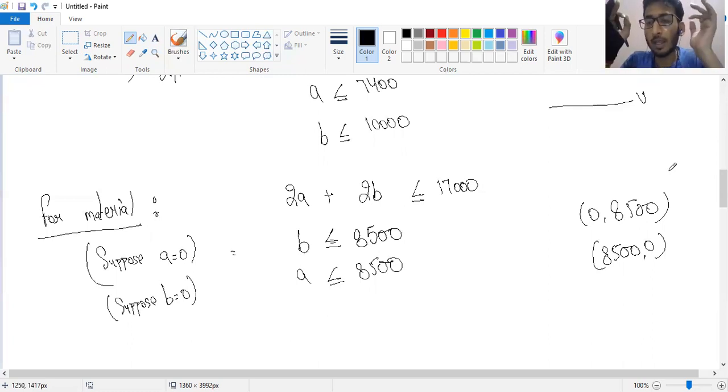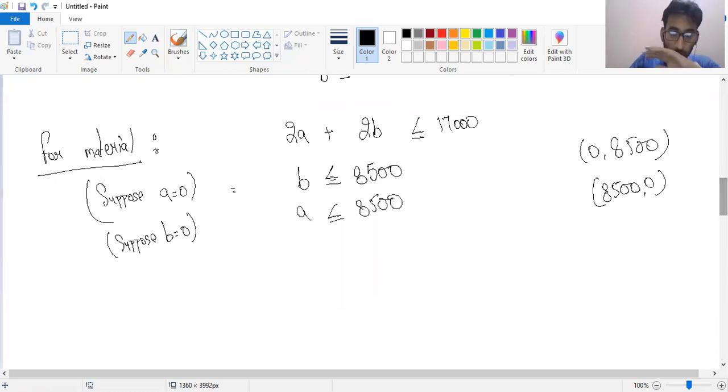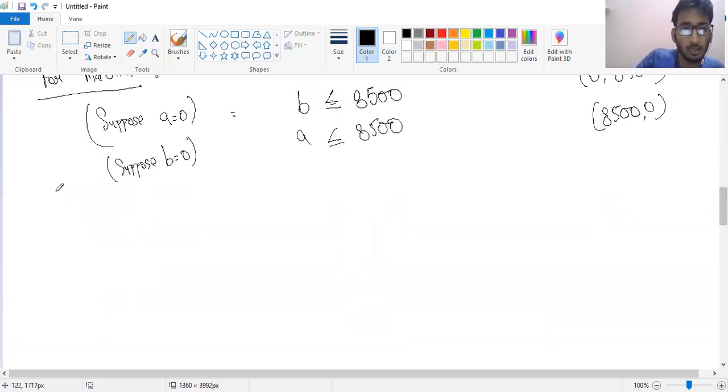Whenever a question like this comes up, put 0 in the first variable and calculate the second, then put 0 in the second and calculate the first. This is the best method. So I have created 2 points for material.